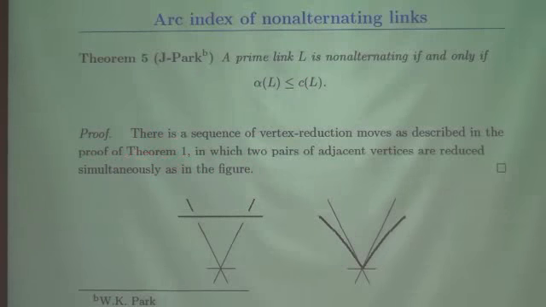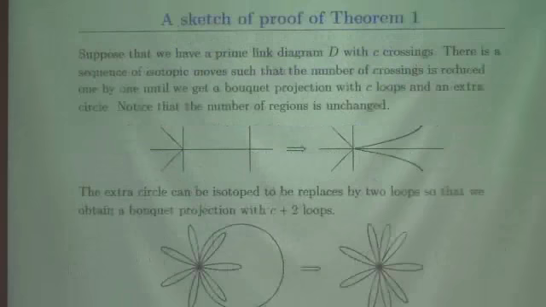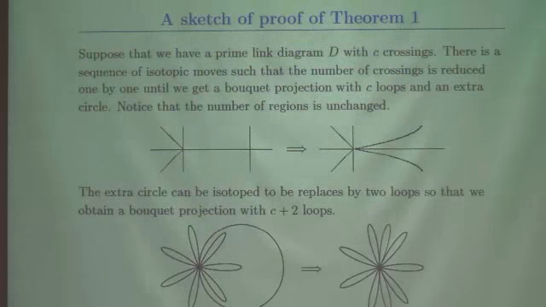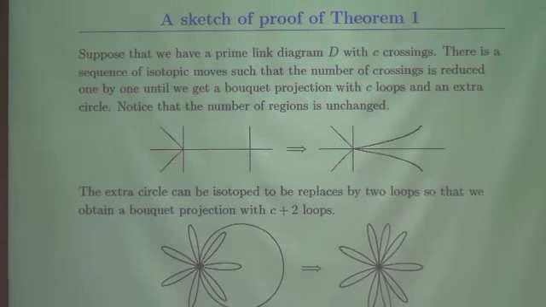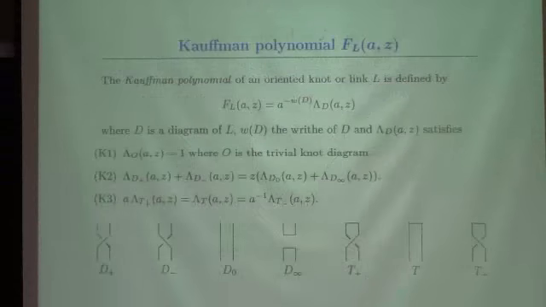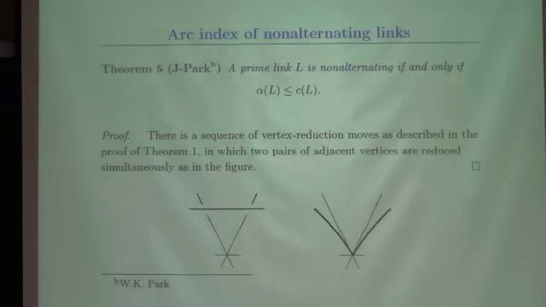In the proof of theorem 1, I said there is a sequence of isotopic moves of moving crossings toward special crossings, and we proved that in this sequence there's a sequence of vertex reduction moves in which at two places we can do this move.